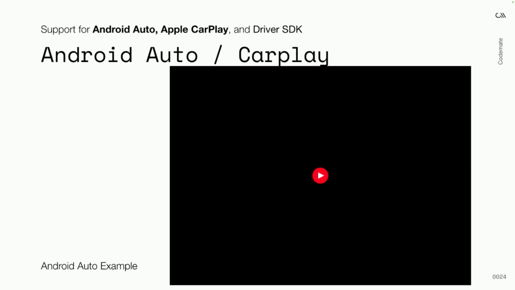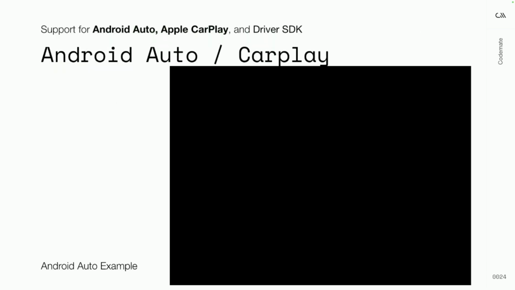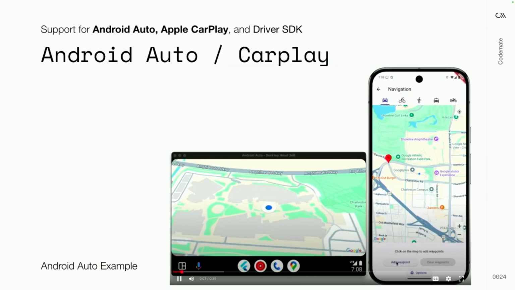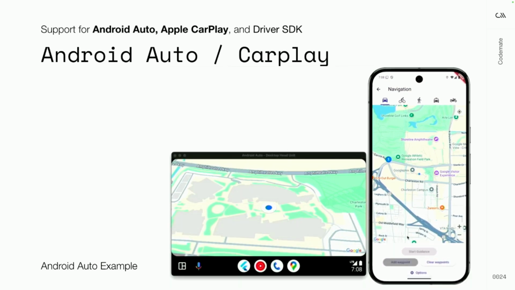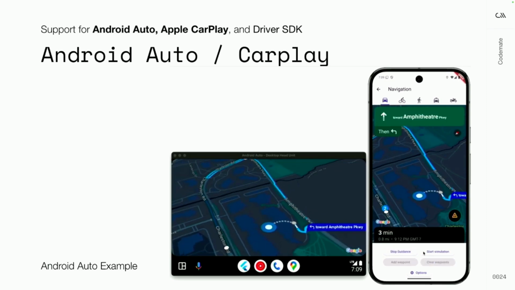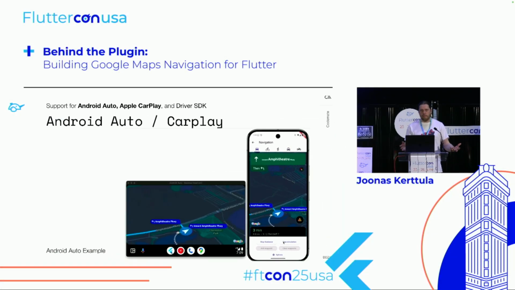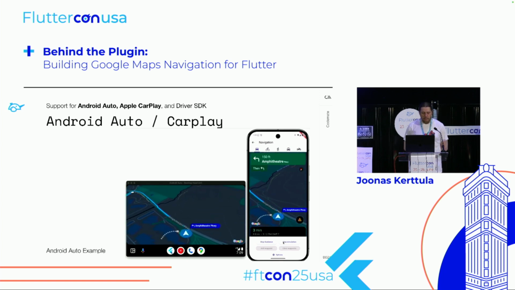Let's see if it starts the video. Yeah. So here you see an example of how Android Auto works with CarPlay. Developers can have a CarPlay screen visible and see in real time how navigation works on that.